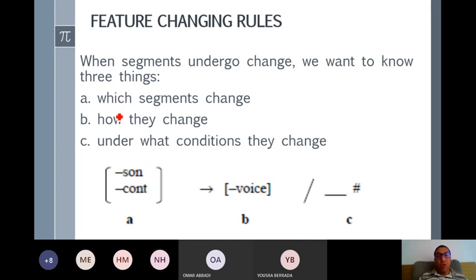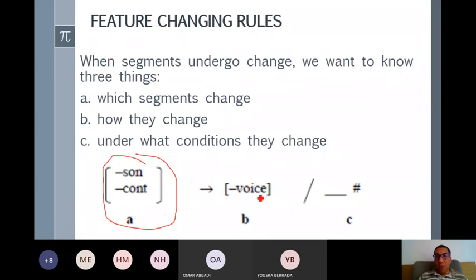First thing, we need to know which segment changes, and that's A. That is, A refers to the focus or the target of the change, and B, how they change, or what is the structural change.